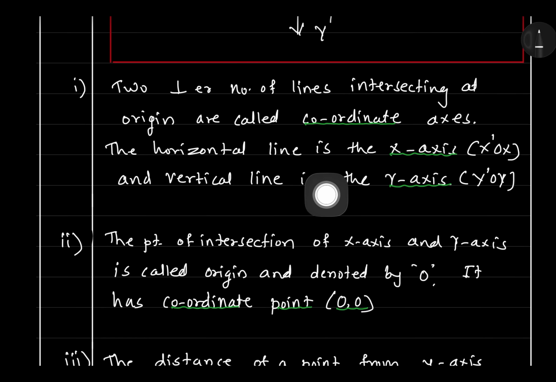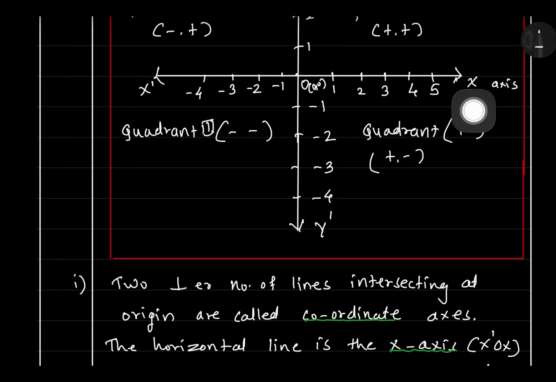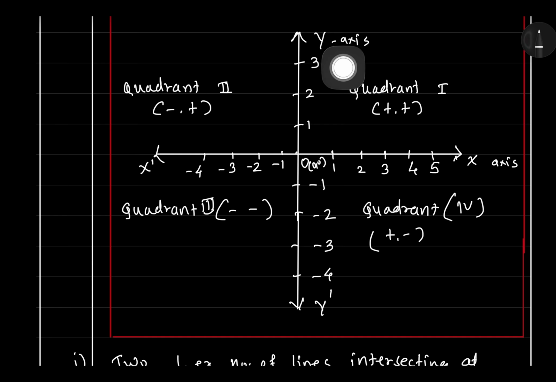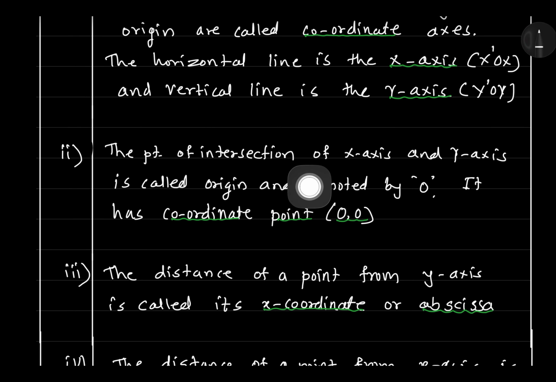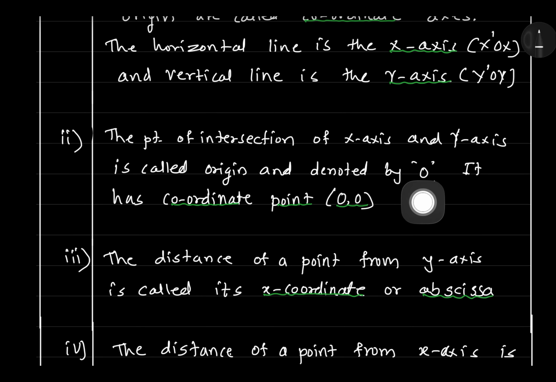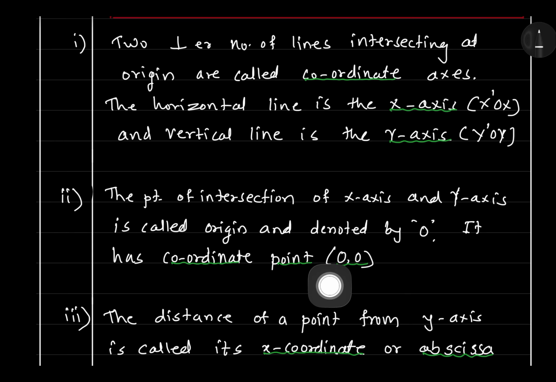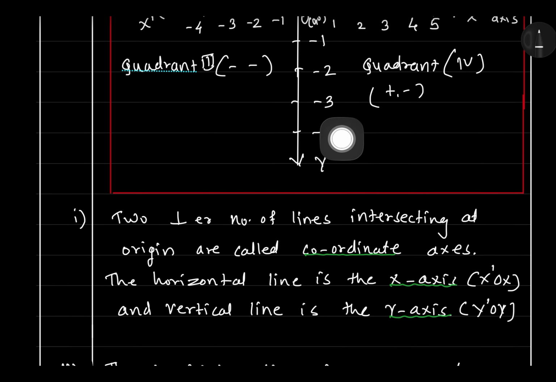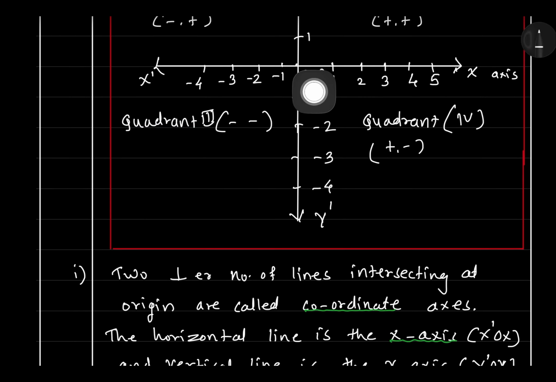These two perpendicular lines are there; the horizontal line we call the x-axis and the vertical line the y-axis. The second point: the point of intersection of the x-axis and y-axis is called the origin, denoted by O, and it has coordinates 0,0.